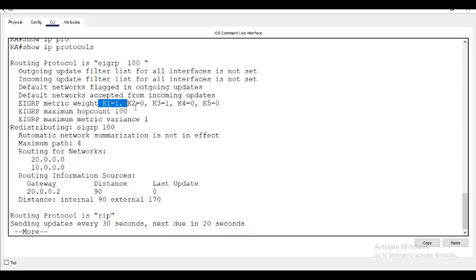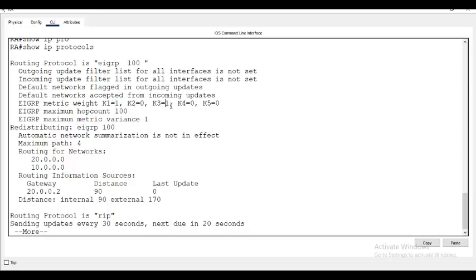Let me show you that. Show interface G0/0/. You take any interface, you will have those 5 K values. This is transmit, 1 by 255, 1 is the load.